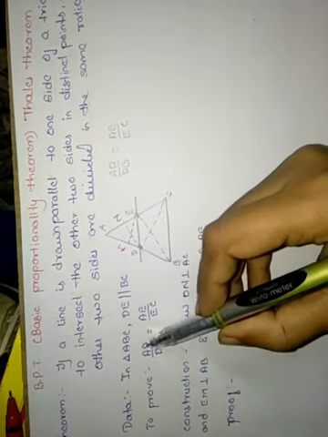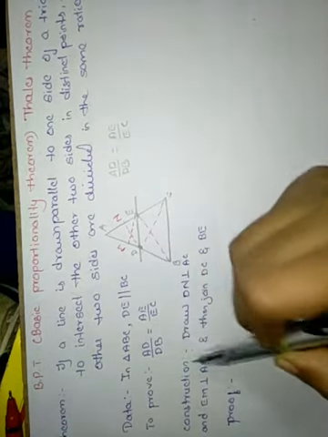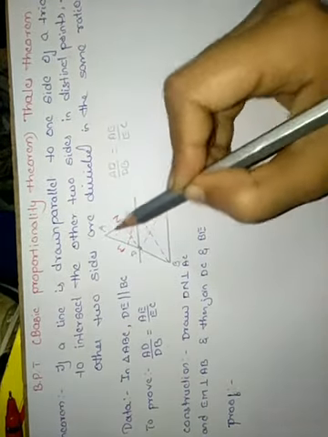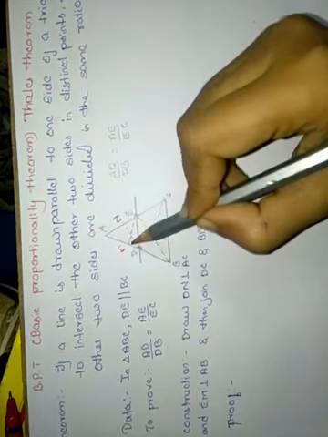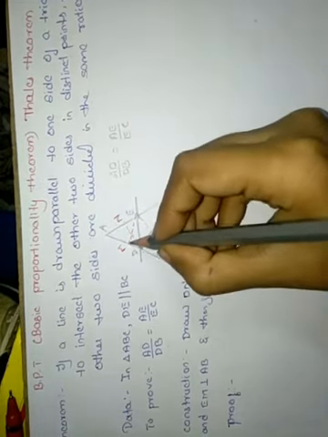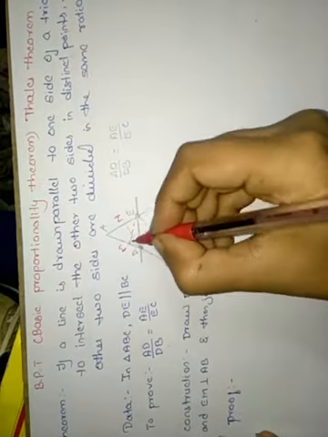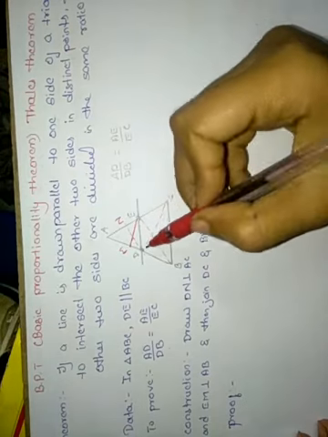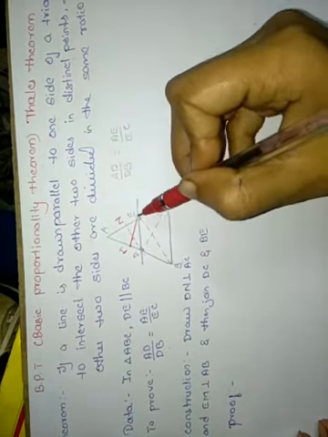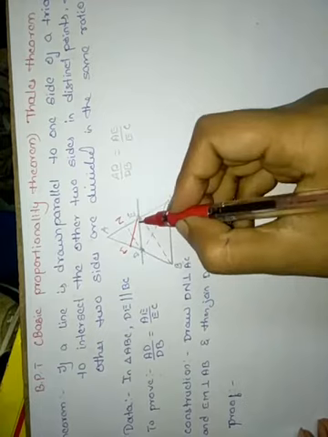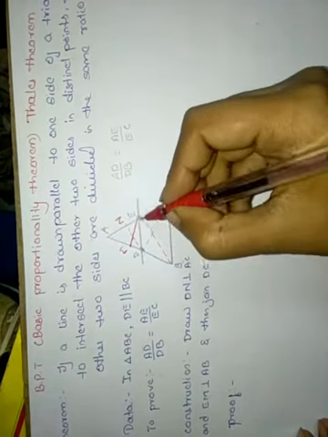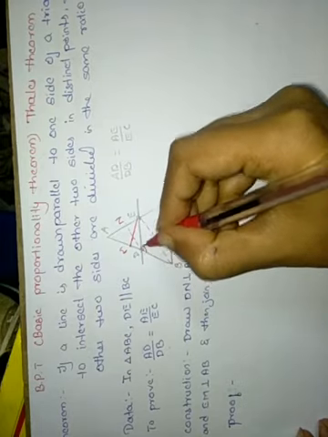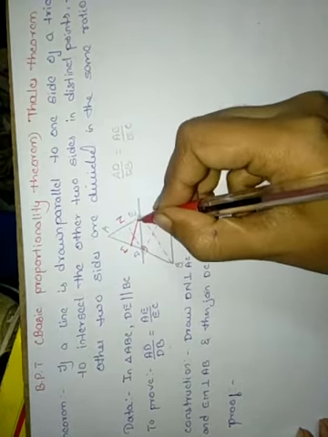First, we'll prove this left hand side. For that, I will consider triangle ADE. The height of this triangle is EM. Then again I will consider one more triangle, DBE. The height of this triangle is again EM, because triangle DBE is an obtuse angle triangle, so the height of this triangle lies outside.